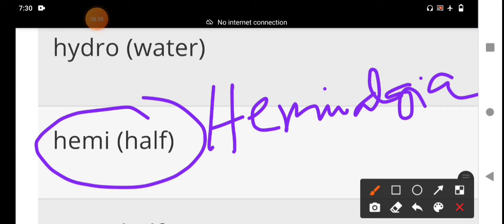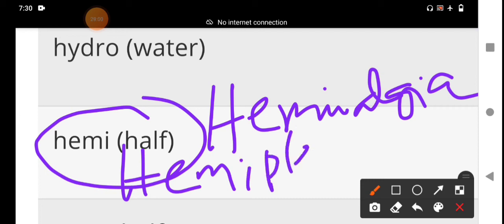For example, hemiplegia. One more word I will tell you. This is also a medical term. Hemiplegia. What is the meaning of hemiplegia? Paralysis on one side only. That is called hemiplegia.